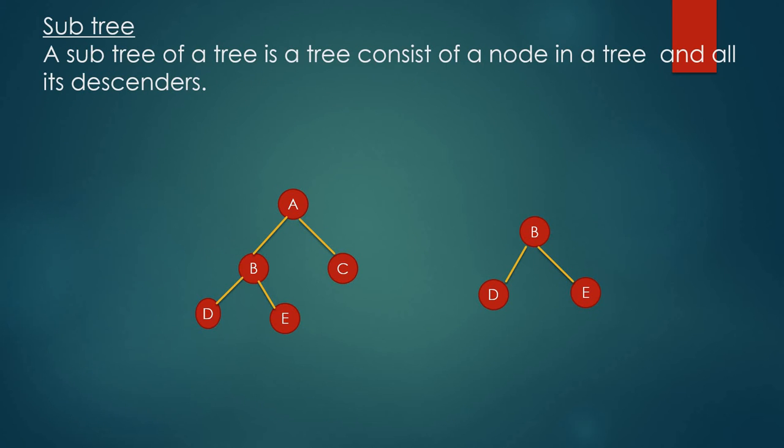Next is subtree. A subtree of a tree is a tree consisting of a node in a tree and all its descendants. Means a subtree is also a tree, and it contains a node in a tree.